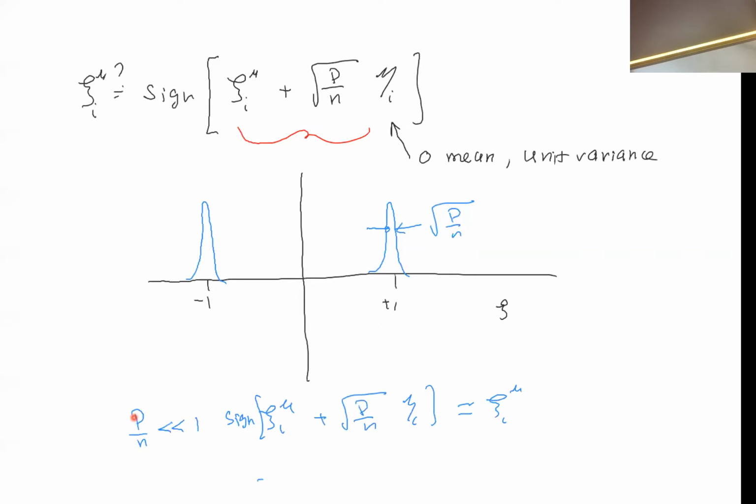And what Sompolinsky and colleagues showed is that as long as p over n is less than 0.138, then S i is approximately equal to squiggle i mu, is a solution.